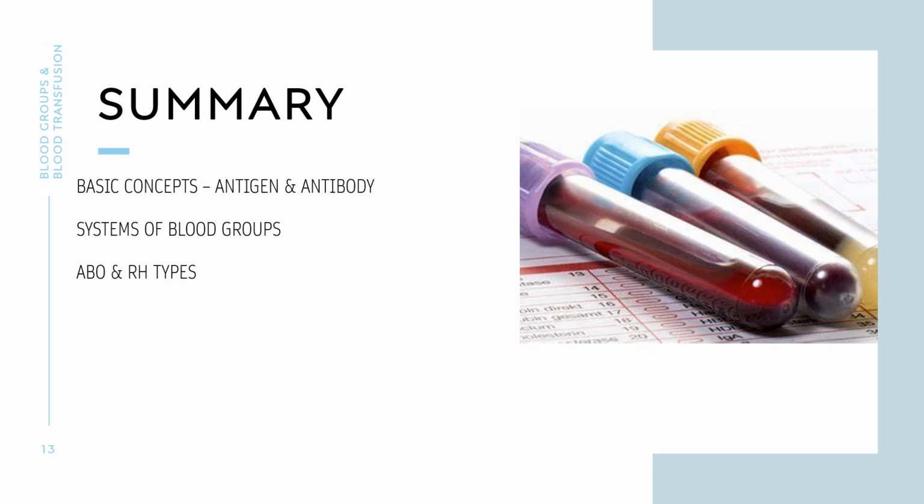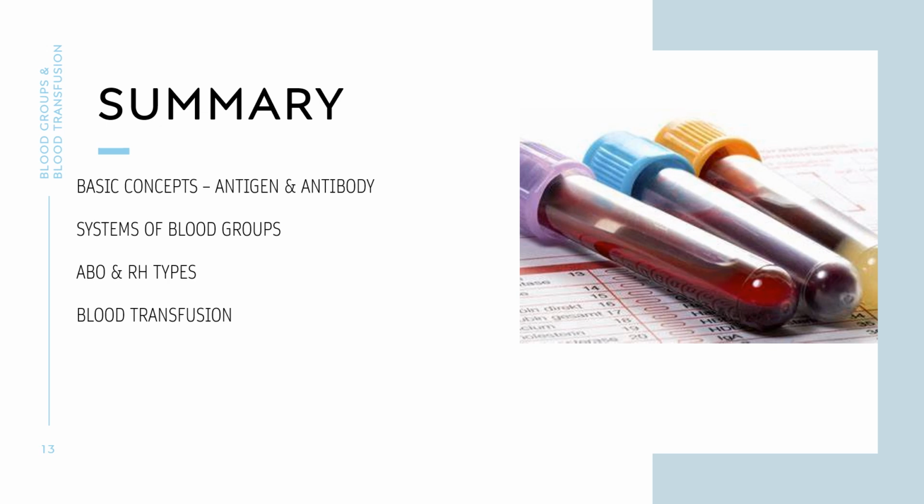The Rh type of blood grouping is decided based on the presence or absence of the Rh or the rhesus factor. If Rh is present, the person is considered positive. If Rh is absent, the person is considered negative. So a person with the A group and Rh positive would become A positive.